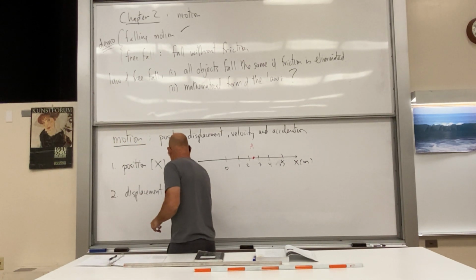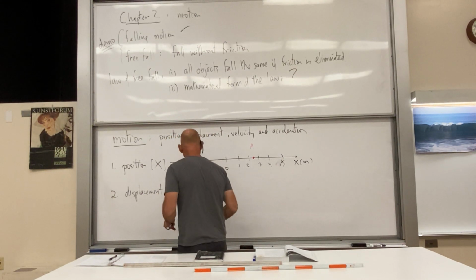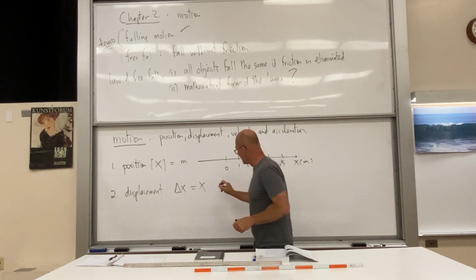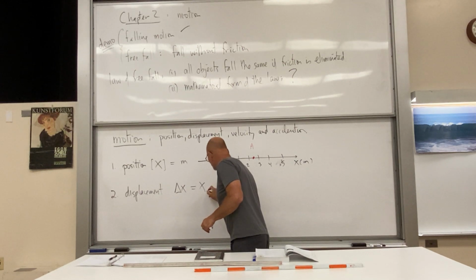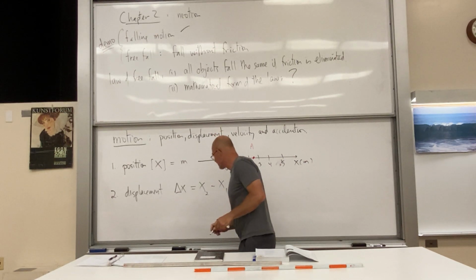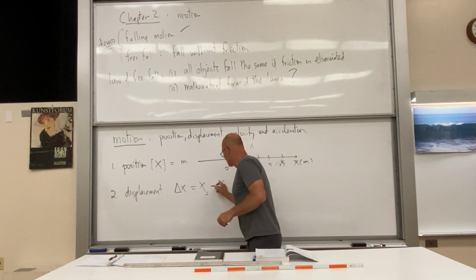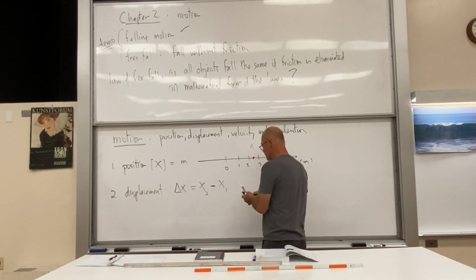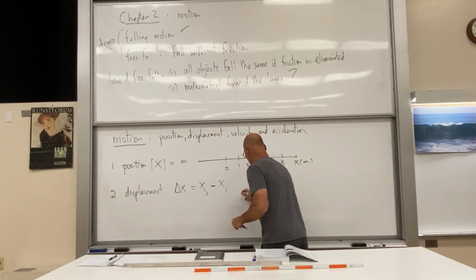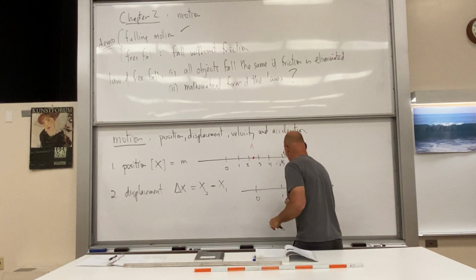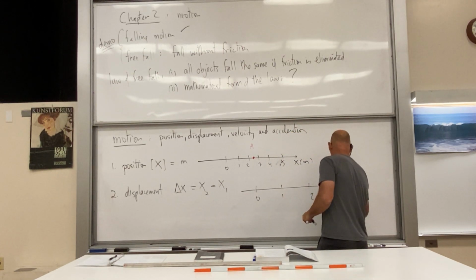We're going to call that delta x equals x final minus x initial, xb minus xa, x2 minus x1, call it a lot of things. That's the displacement, it's the difference. And if we do a number line for the displacement, 0, 1, 2, x in meters.